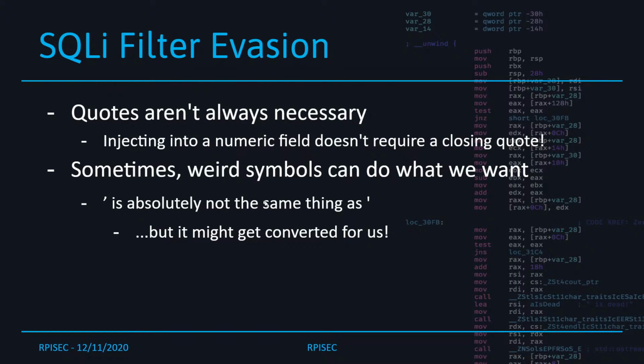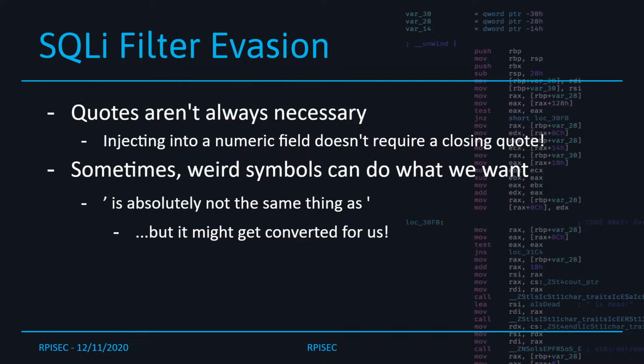And similarly, I've seen some really crazy ones where you use a 2-byte Unicode character, and the filter interprets that correctly as a Chinese character or something like that. But then the server thinks it's ASCII. The server sees two separate characters, some random symbol and then a single quote. We have broken out of the string.